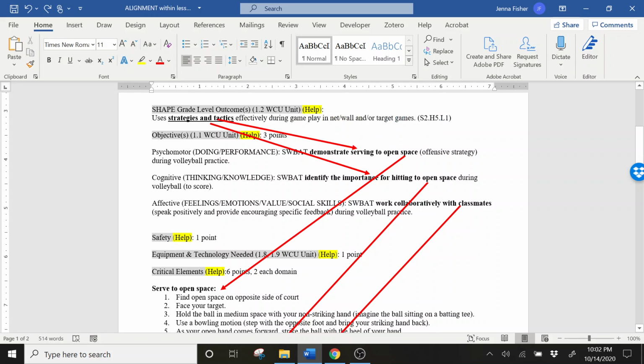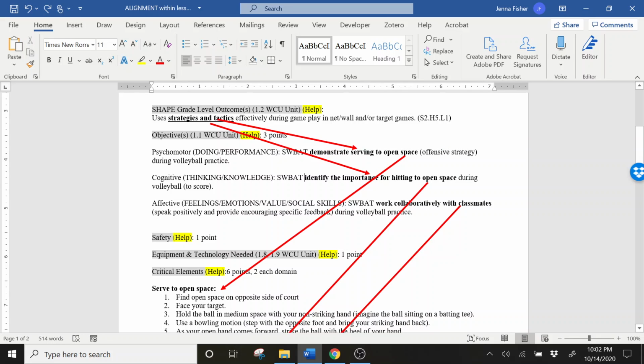Your cognitive objective is usually looking for someone's thinking or their knowledge, so you can't really see this. Your verbs, your action words, should be like identify, describe, compare, contrast. Look at that Bloom's taxonomy. Remember the Bloom's taxonomy for midterms? That's where you're going to get a bunch of verbs that can help you.